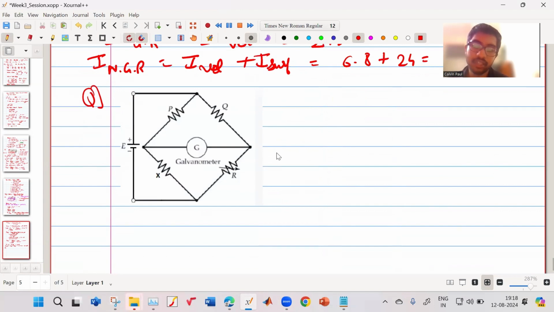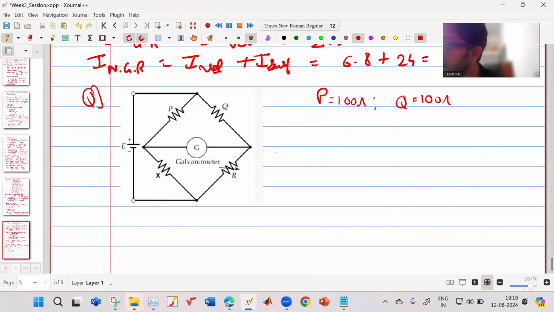So this bridge network is there, right? So P is given to be 100 ohm, Q is given to be 100 ohm, and E is some particular voltage. R is varied.